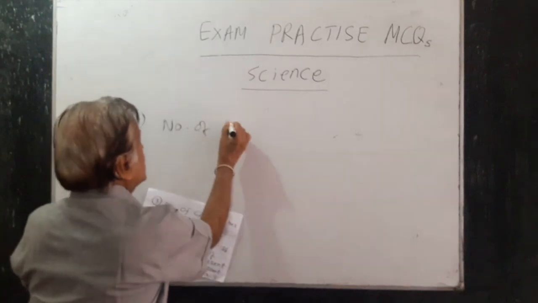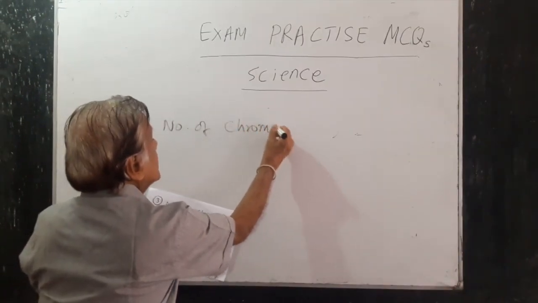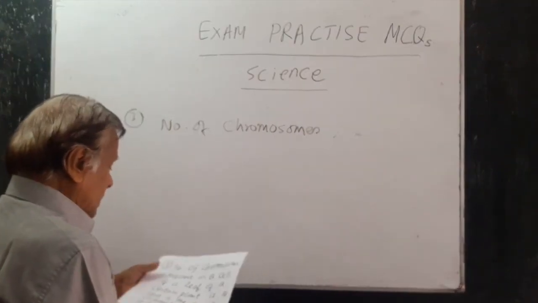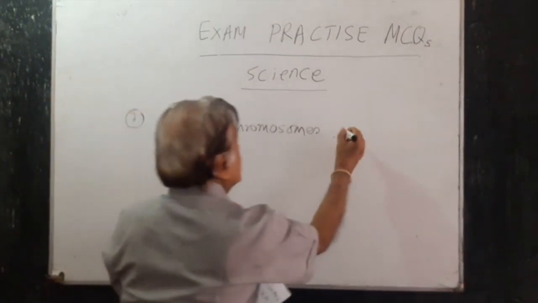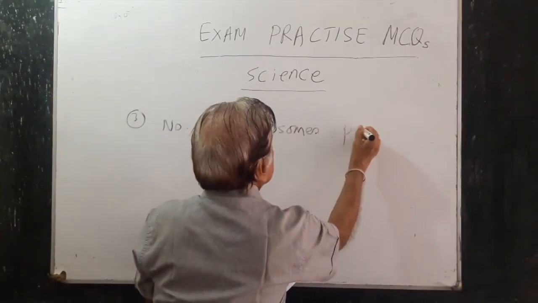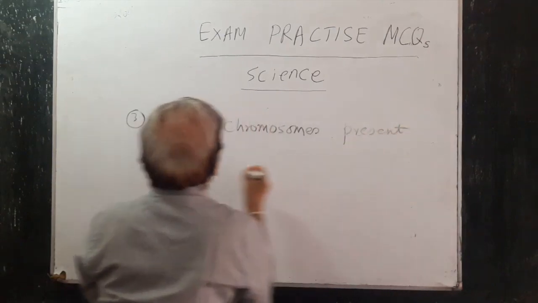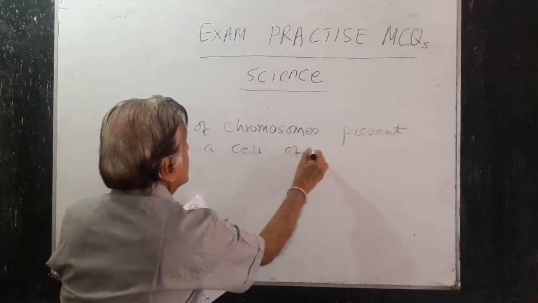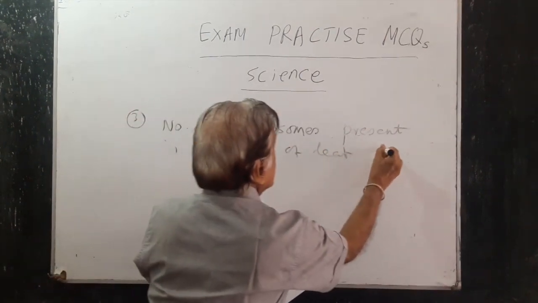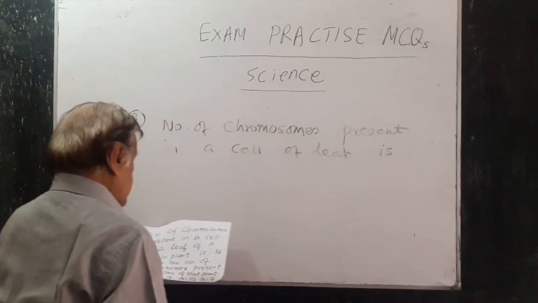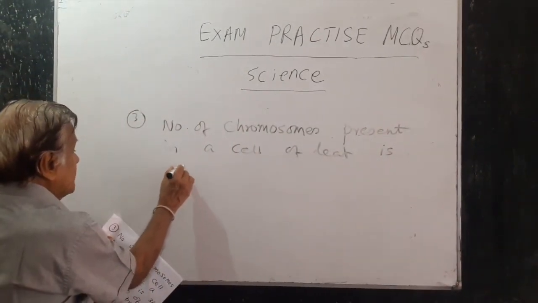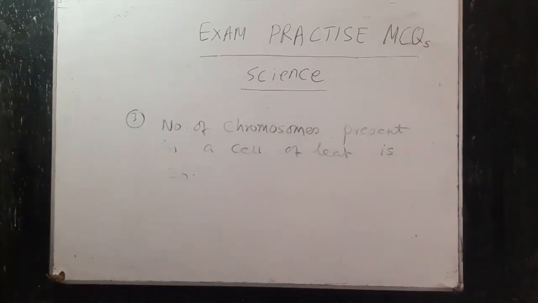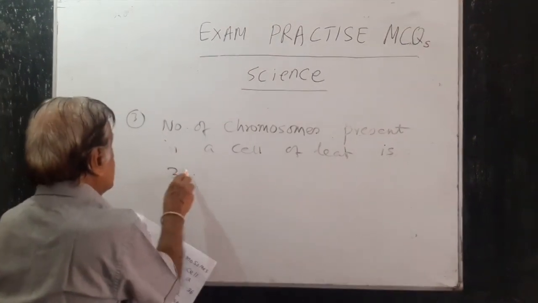Number of chromosomes present in a cell of a leaf is 36.